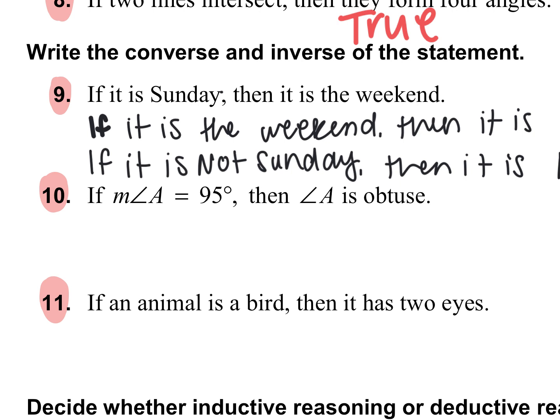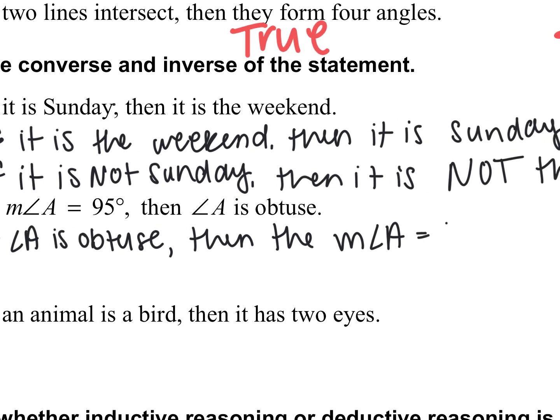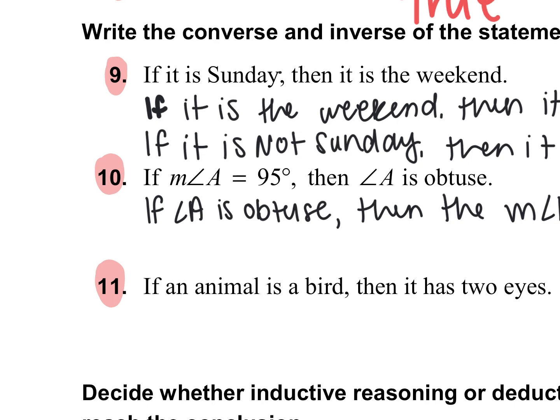If angle A is obtuse, then angle A equals 95. Good. If angle A is obtuse, then the measure of angle A is 95 degrees.